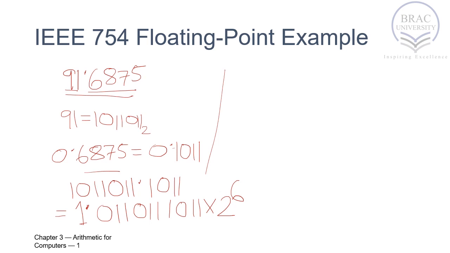Now the next step is to represent this exponent in bias notation. Let's call that bias notation Q. So what we'll do, we'll have 127 plus 6, which is 133. 133 in decimal.